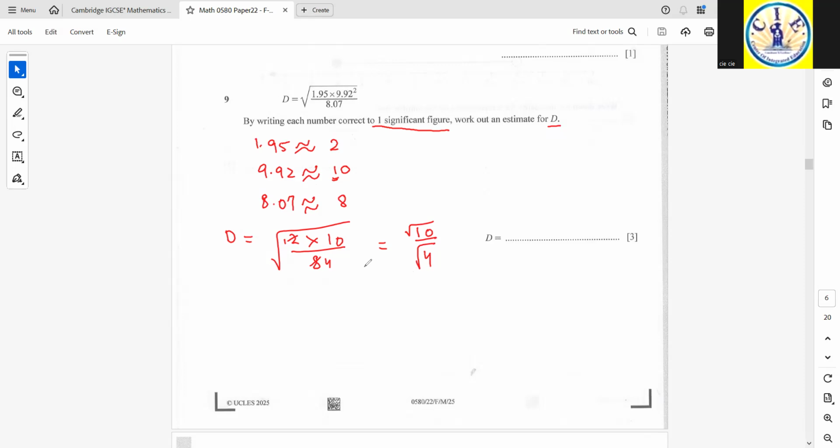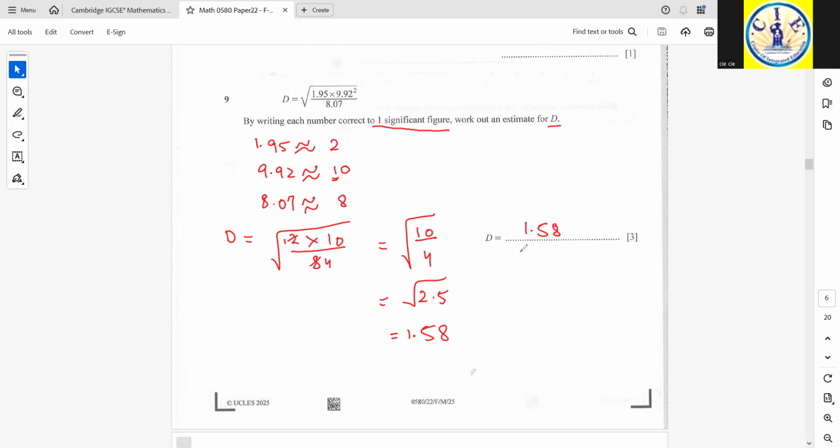Either you can solve it like this or we can do it like this even. So the answer is 1.58. So this is the estimate.